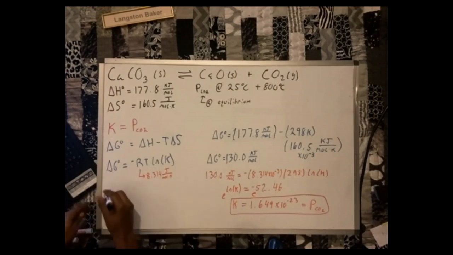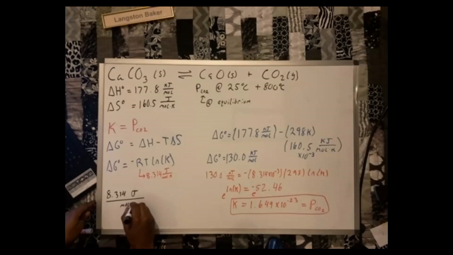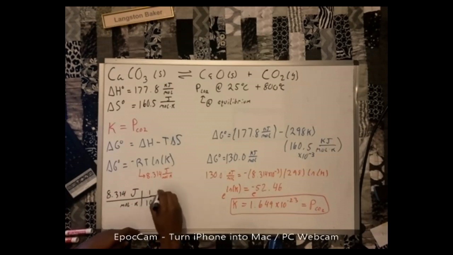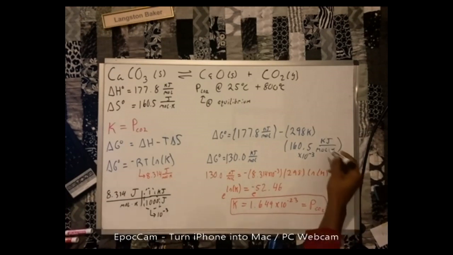Here, let me do it this way. 8.314 joules per mole Kelvin. To get from joules to kilojoules, there are 1,000 joules for every 1 kilojoule, and this is my times 10 to the negative 3. Same thing happened here.